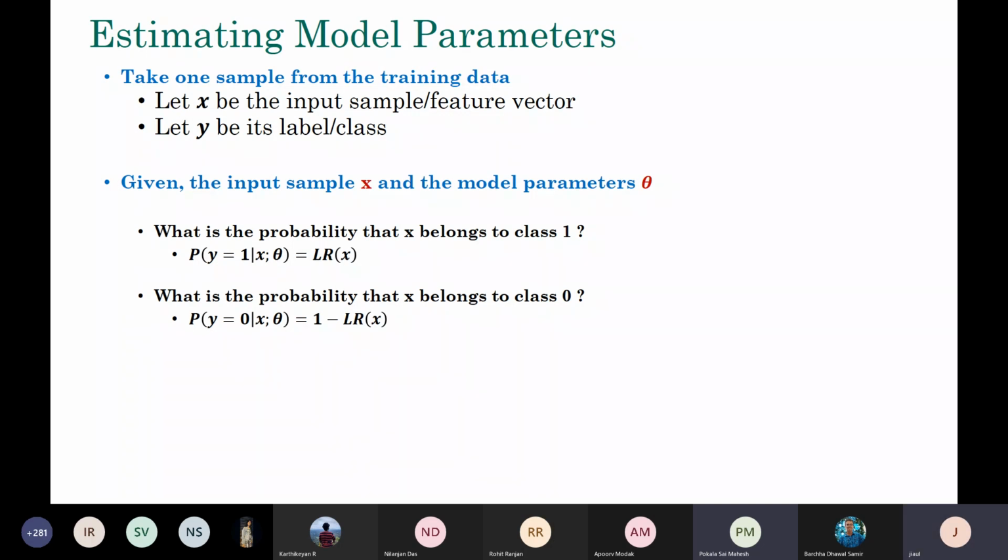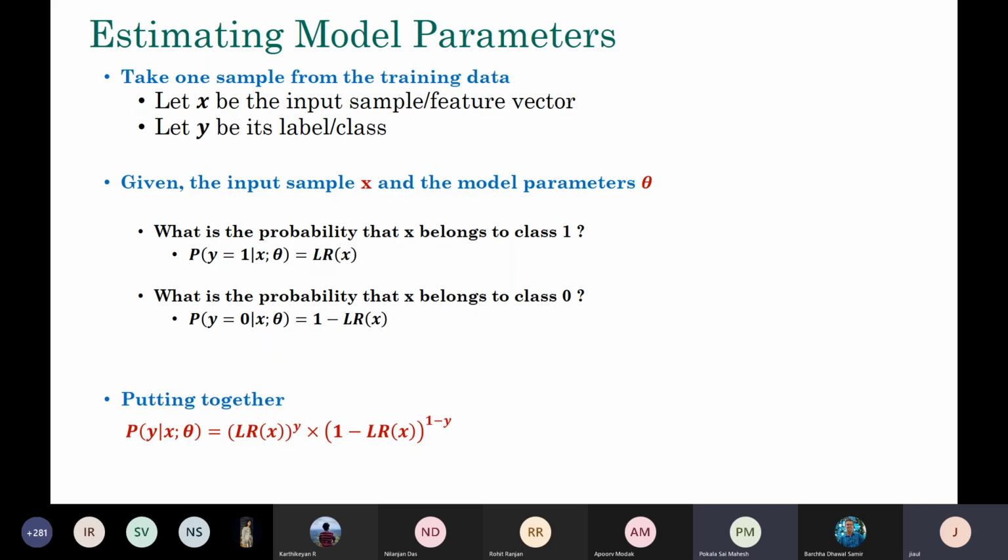Now, if I put together these two expressions, what I can get is something like this. The probability that the label would be y given x comma theta, where theta is the model parameters, is LR of x to the power y, into 1 minus LR of x to the power 1 minus y.